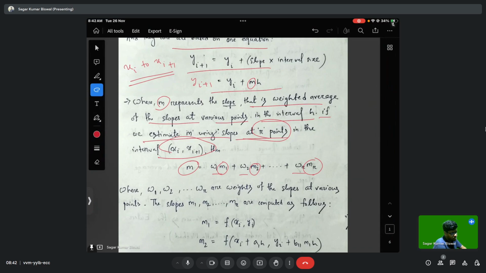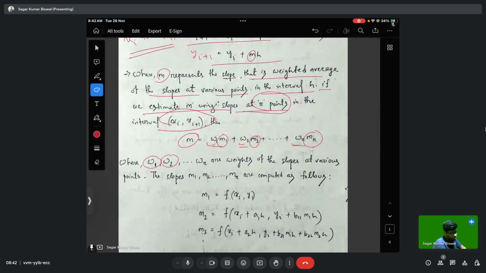And what are omega 1, omega 2, omega r? These are the weights of the slopes at various points, right? And if you want a complete derivation of these weights, what are these weight numbers?